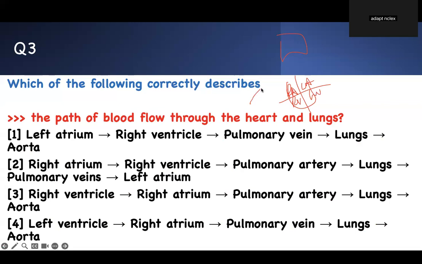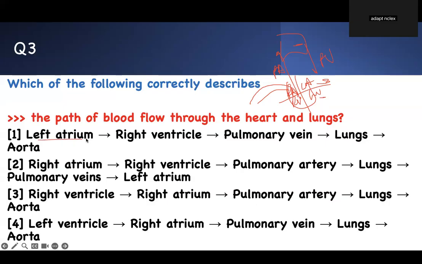Blood from outside goes to the right atrium. From the right atrium, it goes to the right ventricle. From the right ventricle, it goes to your lung through the pulmonary artery. From the lung, it comes back to the heart through the pulmonary vein. It goes to the left atrium, left ventricle, and comes out through the aorta.